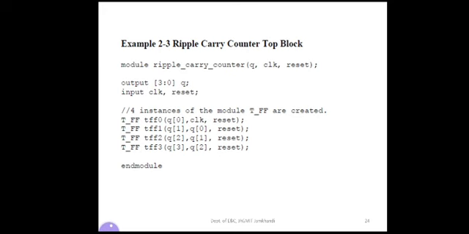Its output and inputs are Q of 0, clock and reset. Similarly for TFF1, observe the TFF1 block. Its output is Q of 1. Its clock input comes from the previous output, so Q of 0 acts as the clock pulse for TFF1. Reset is a common input for all the 4 flip-flops. Like this the instantiation is done.